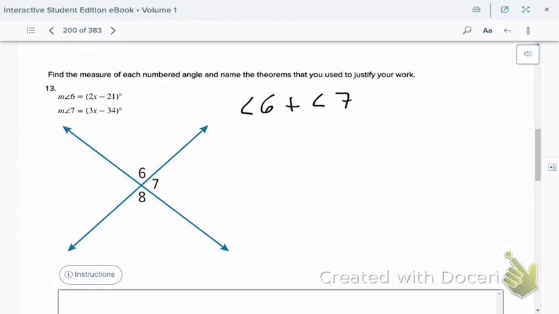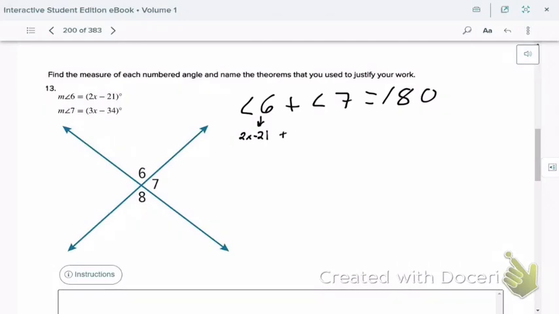They're supplementary. Substitute in or plug in, instead of writing 6, write what 6 equals. And then we need to solve for x. That's how these are going to work. First, ask yourself, what do you know about them? And then that'll tell you where to go from there.